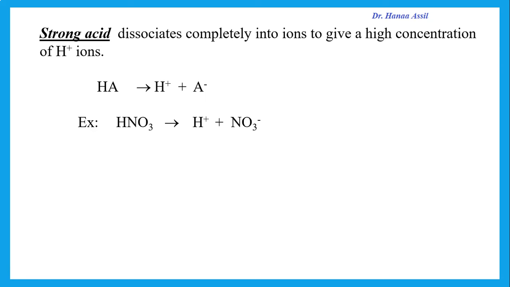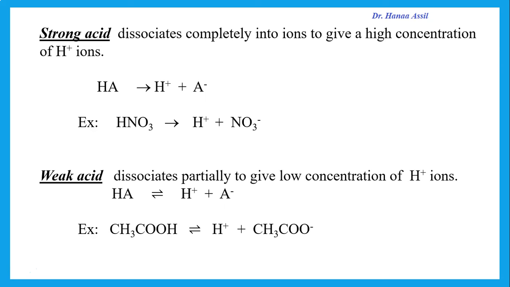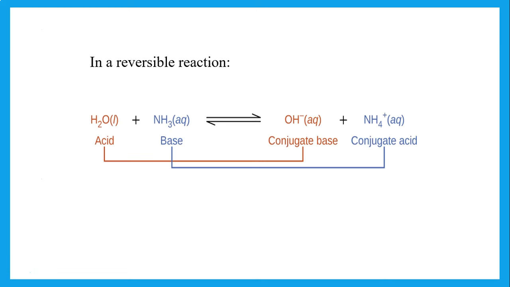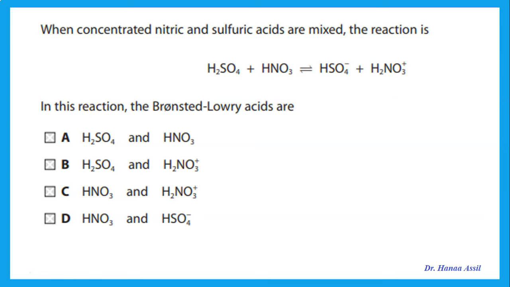Strong acids dissociate completely, while weak acids dissociate partially. So we have an equilibrium between the acid and its ions. So if we have a reversible reaction, the acid loses a proton and becomes the conjugate base. The base accepts a proton and becomes a conjugate acid.